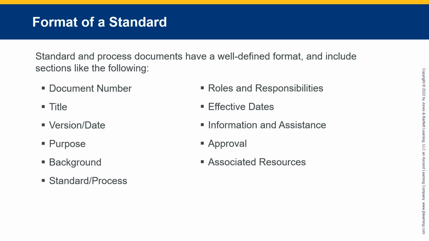Information assistance defines teams within the organization that can explain the standard and assist in coordinating its implementation. Approval specifies the approving authority. This can be either an individual executive or a group of individuals, such as a standards committee. Lastly, associated resources provides related resources.